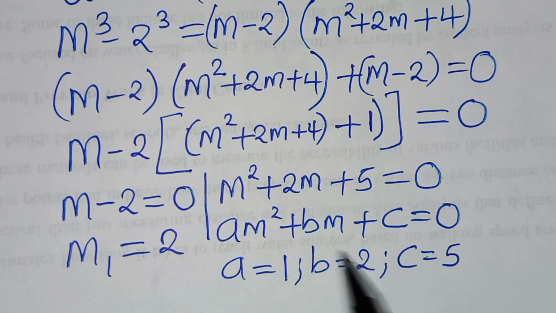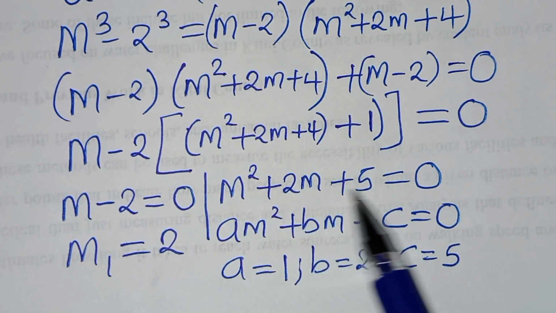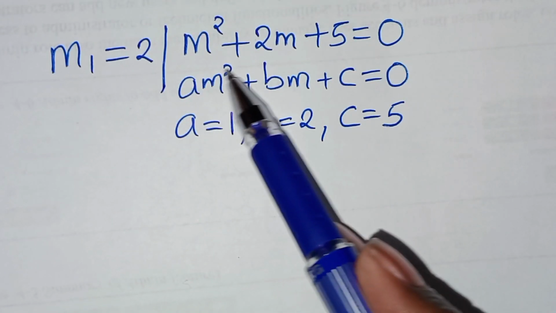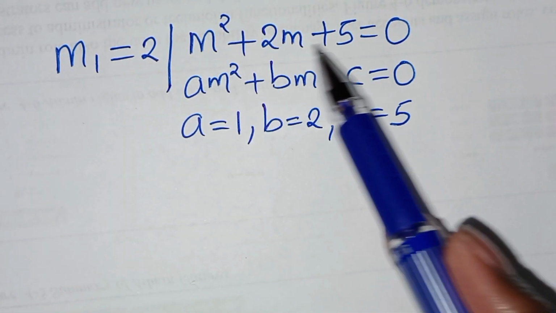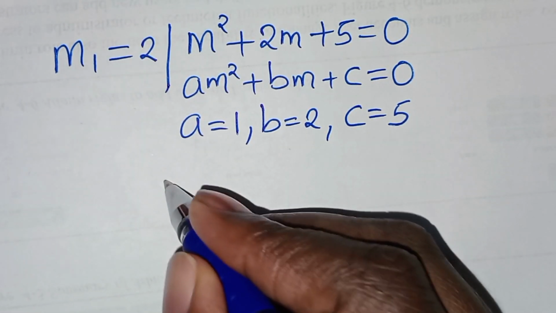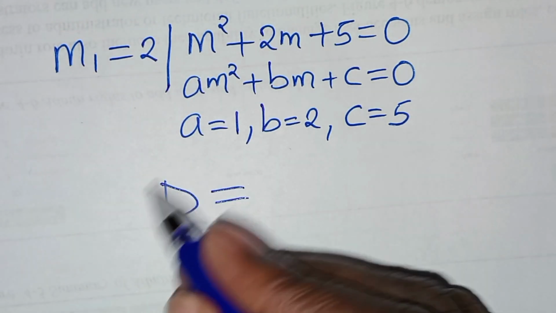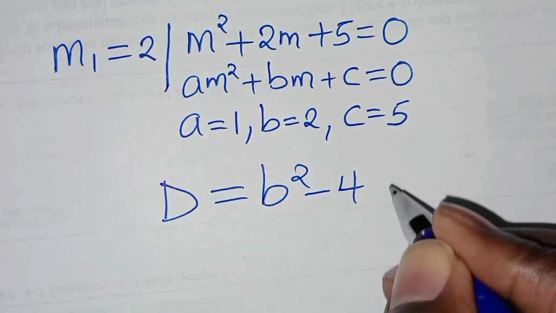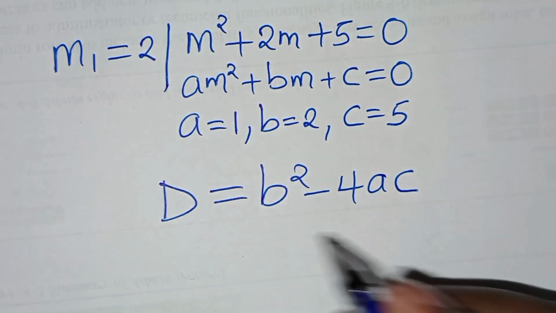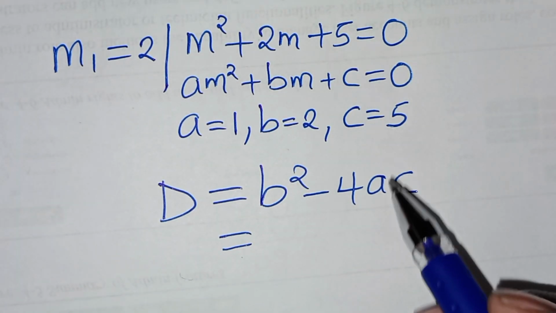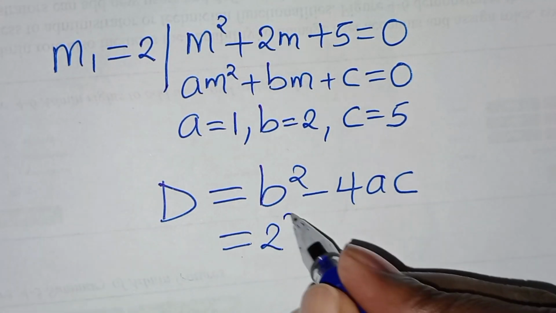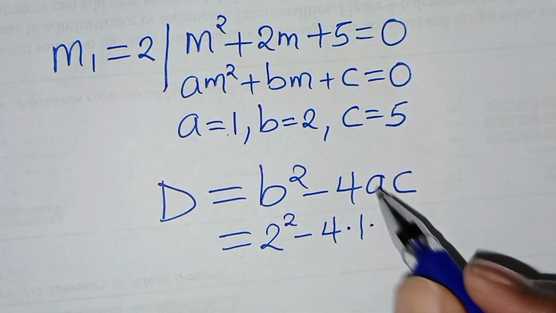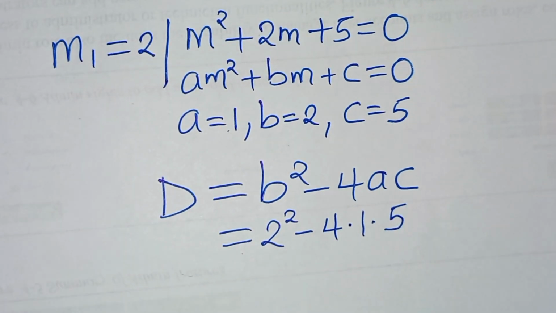Now, from here, let's check the nature of the root of this quadratic equation. By assessing the nature of the root, we apply the discriminant method, which is to determine the discriminant. This is equal to b squared minus 4 times a times c. So substituting the values of a, b, and c, here we have 2 squared minus 4 times a, which is 1, times c, which is 5.